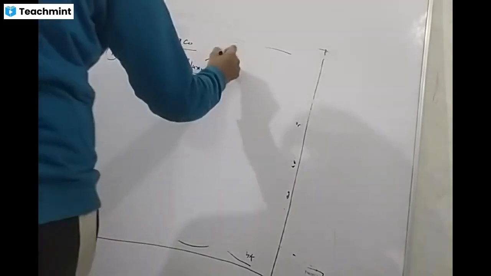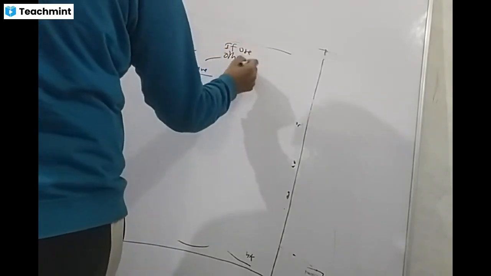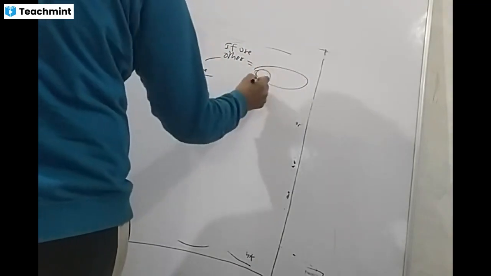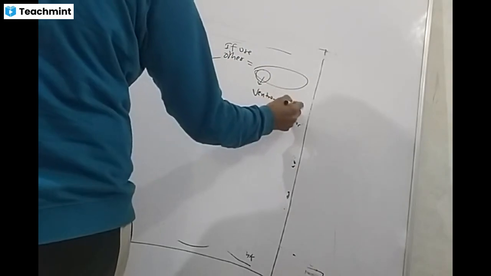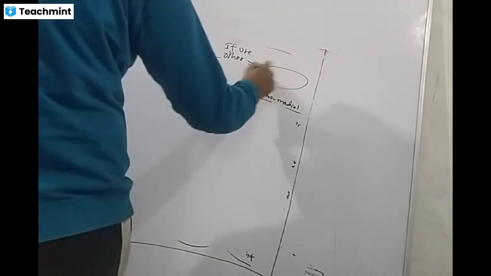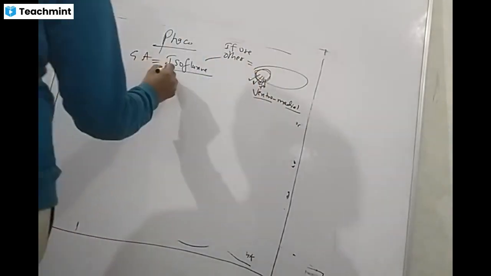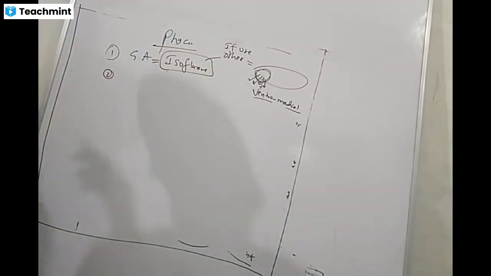If you use others, the eye will become ventromedial in that general anesthesia. So the recommended one is isoflurane general anesthesia.